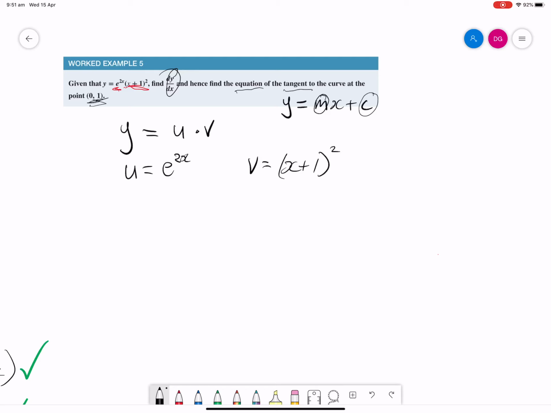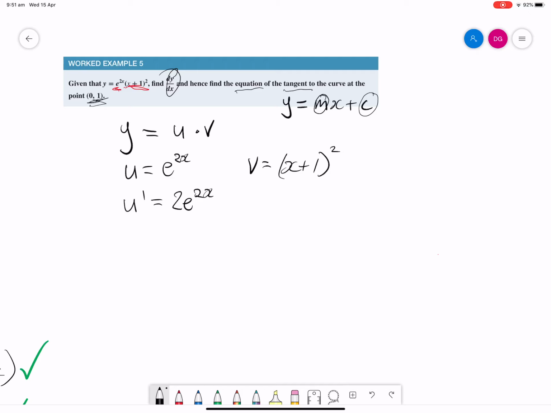Let's have a look back at the equation and use the product rule to differentiate. So u dash is the next thing we need, which is 2e to the power of 2x. v is a little bit tricky because we've got a function within a function.